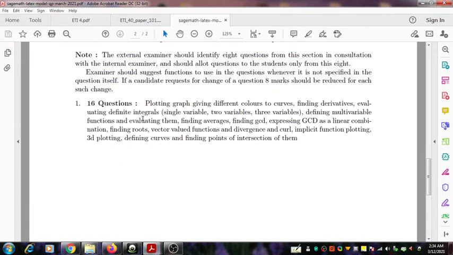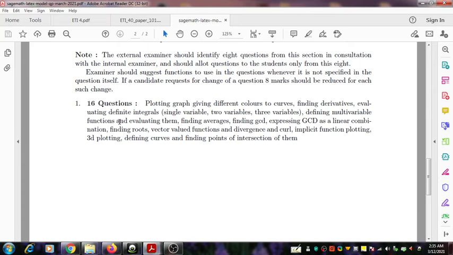The topics in SageMath from which questions can be expected are given here. Plotting of graphs using different colors, where colors can be chosen for different curves.